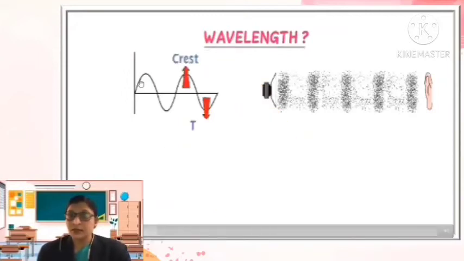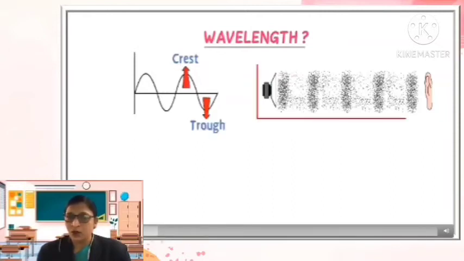So as the sound propagates, it moves upward and downward, producing the upward lobe called the crest, and the trough.